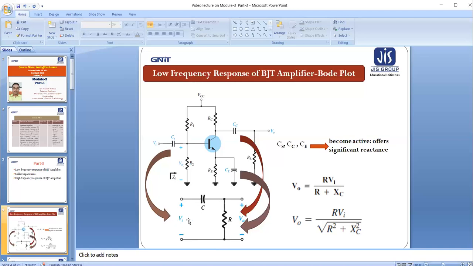So if I have an input signal Vi and the output signal is measured across the resistance R, then V naught can be written, due to the voltage divider rule, as R Vi by R plus XC, because V naught appears across the R. Now V naught can be expressed as R Vi over root of R square plus XC square, because XC is a complex number. So when we are taking the mod value of this V naught, it becomes a square root.